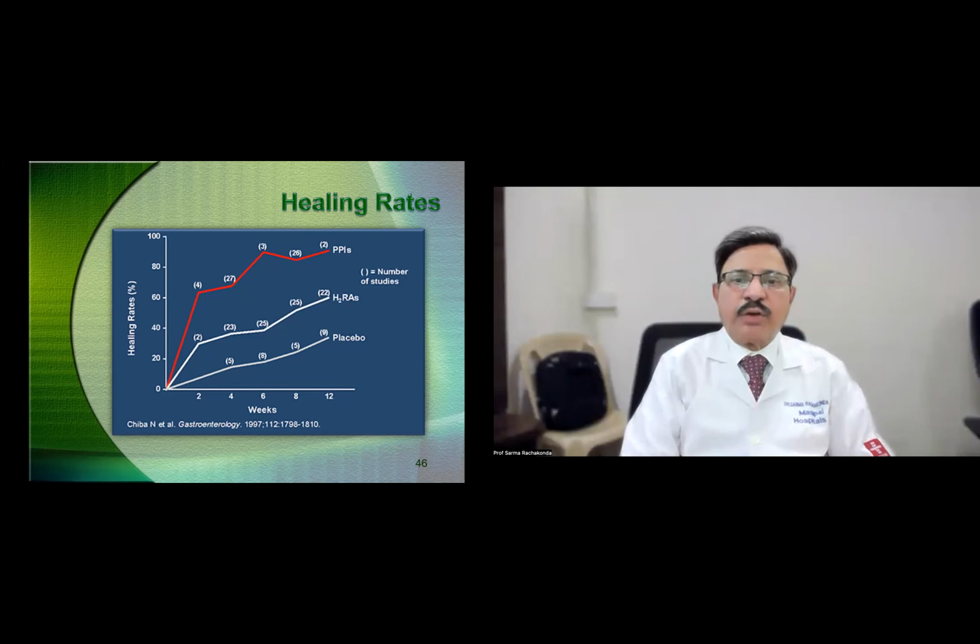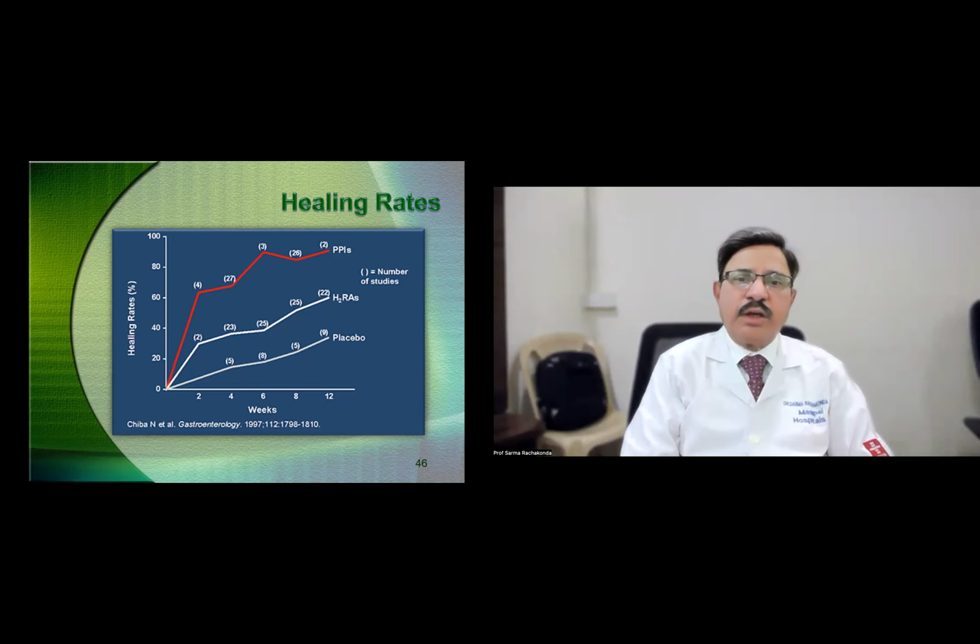After 12 weeks of general measures without giving any H2RAs or PPIs, only around 38% of people will have remission of symptoms on their own. That is the placebo. Next are the H2RAs, the ranitidine, famotidine, cimetidine group of drugs.